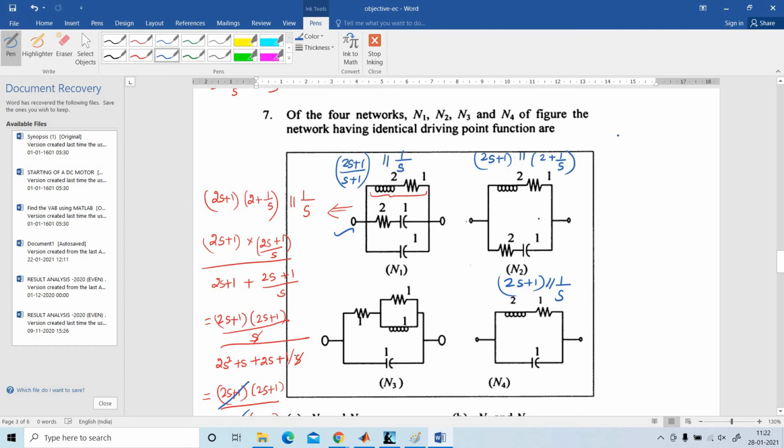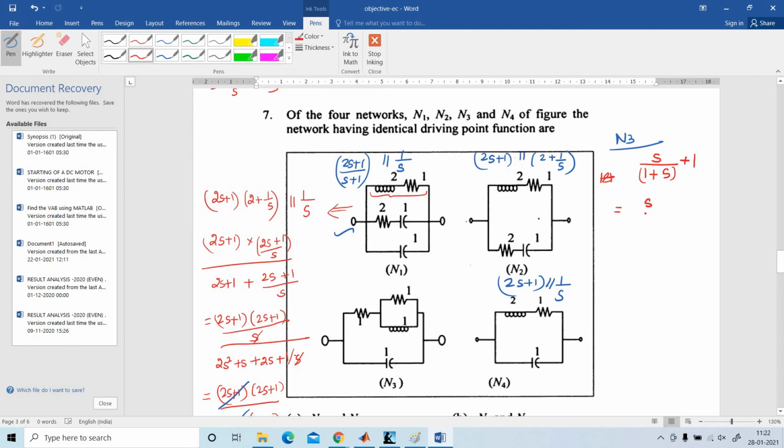These three are not same. Now I am going to try for N3. So for N3, here in the 1 plus, first of all the parallel combination. So 1 plus s plus s divided by 1 into s divided by 1 plus s plus 1.